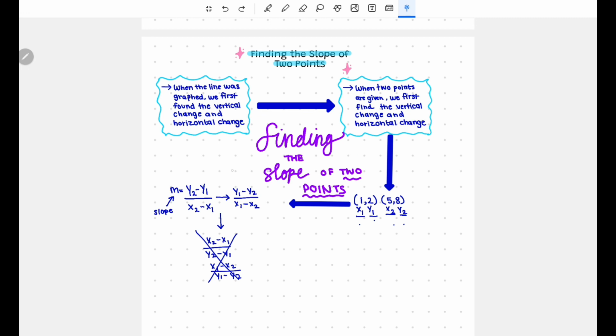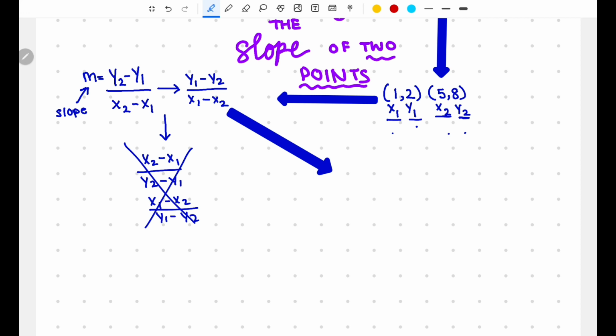All right, now let's apply this formula for these 2 points. I'm going to start with y2, which is 8, minus y1, which is 2, over x2 minus x1. Now we're going to simplify this. 8 minus 2, 6. 5 minus 1, 4.